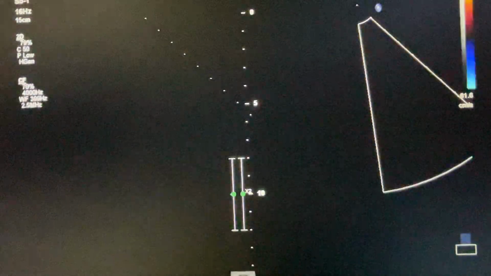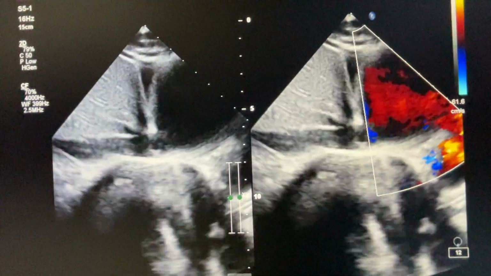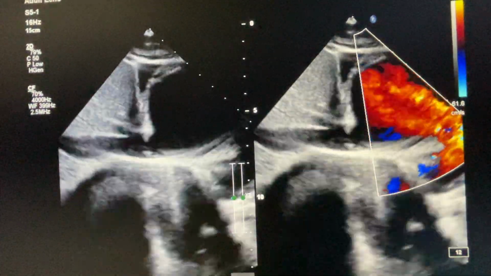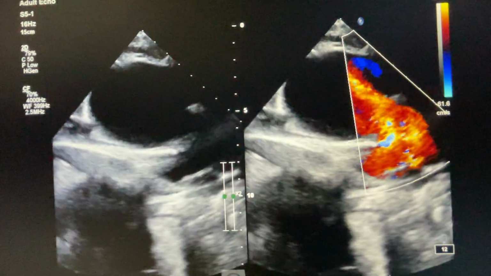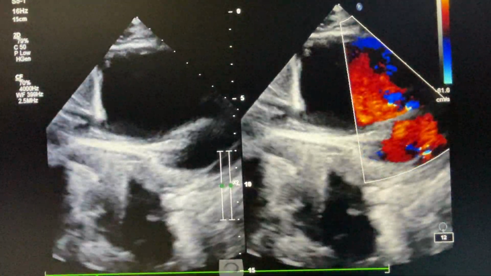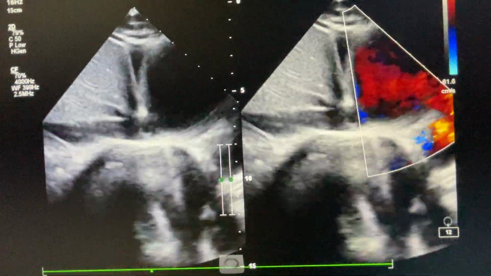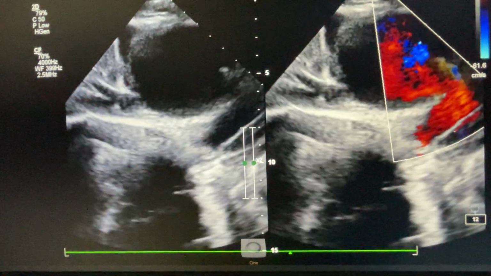So how do you obtain this image? You obtain this image in the subcostal region, place the probe sagittally. So the image comes as a sagittal image, the bicaval view. Just make a movement of the probe cranially, that is from the subcostal region towards the sternal region.